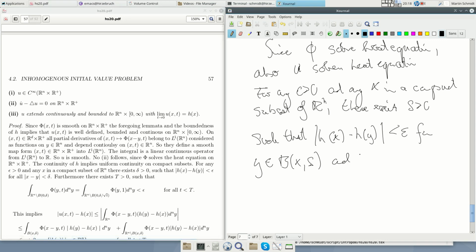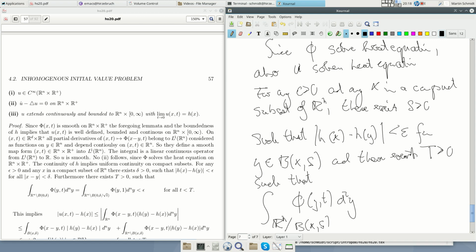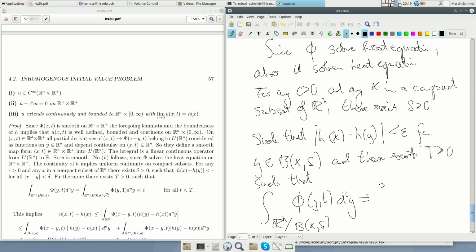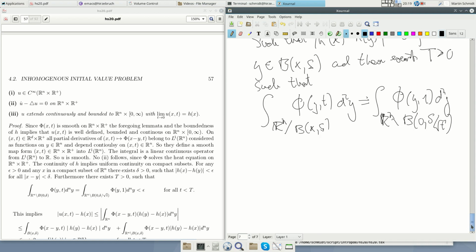and there exists a t larger than 0 such that the integral over Rn without this delta ball, phi of y, t, dy, which is positive, we may use this scaling behavior, is equal to the integral over Rn minus the ball with radius delta over square root of t, phi of y, 1, dy.